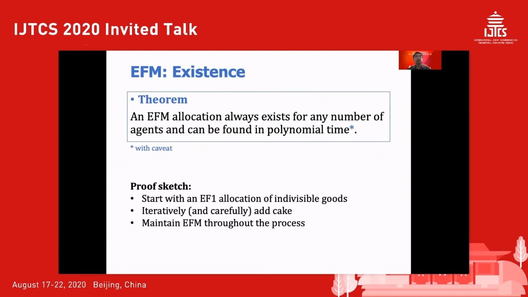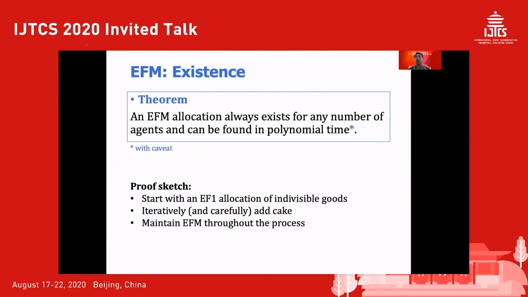The idea is very simple. We want to prove this theorem using a constructive argument. That means we will provide a constructive algorithm that can produce an EFM allocation. This algorithm will start with an EF1 allocation of all the indivisible goods.